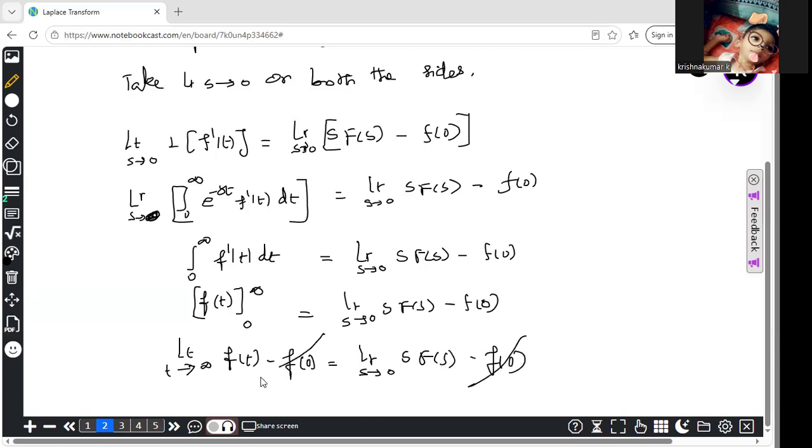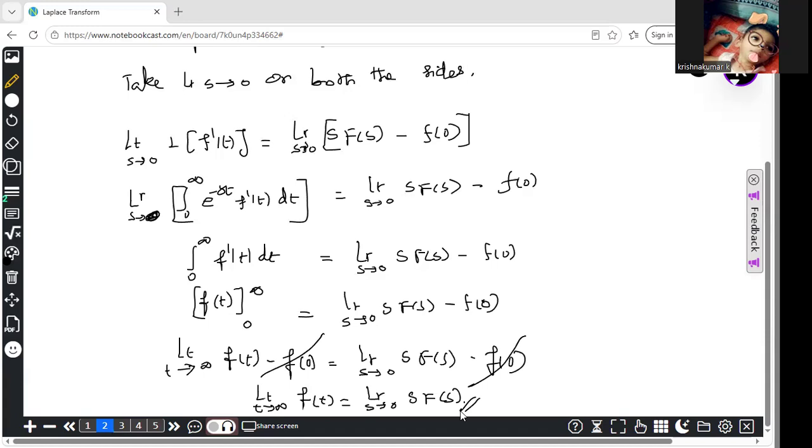This f of 0 and this f of 0 will get cancelled. So at the end, we get limit t tends to infinity f of t is equal to limit s tends to 0, s into f of s. So this is the proof of the final value theorem.